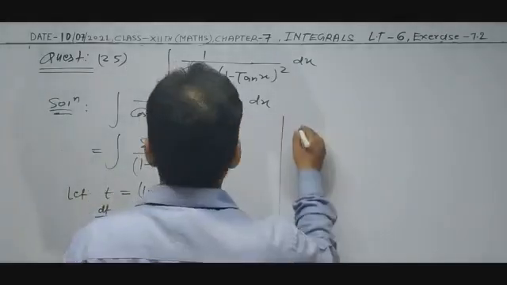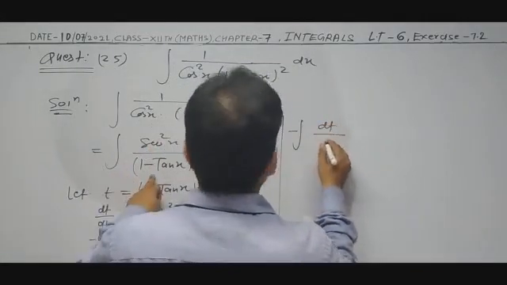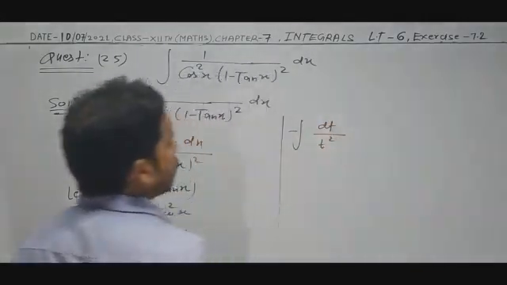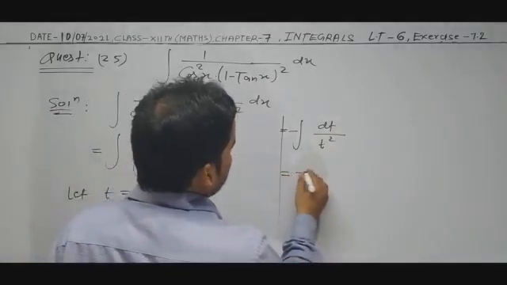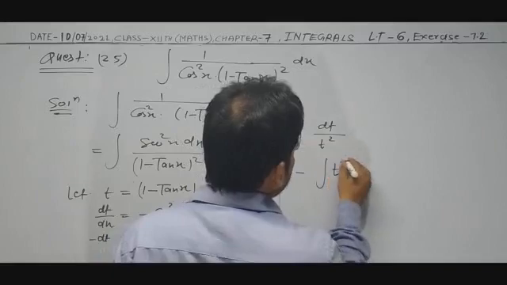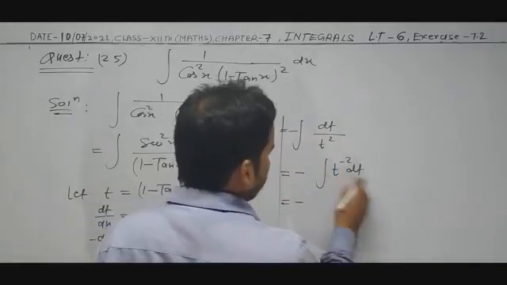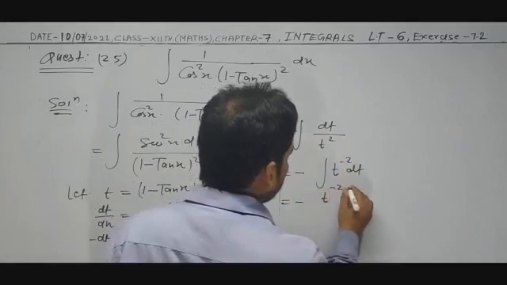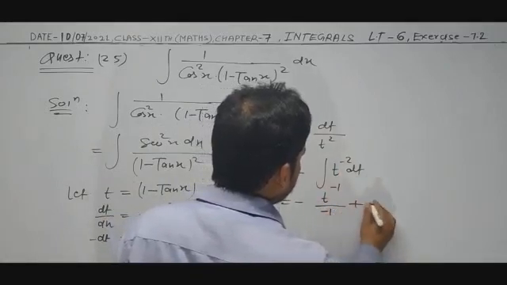So integration will be integration over minus dt whole upon t square, and minus integration over t to the power minus 2 dt, and t to the power minus 2 means t to the power minus 2 plus 1, result will be minus 1 whole upon minus 1 plus c.